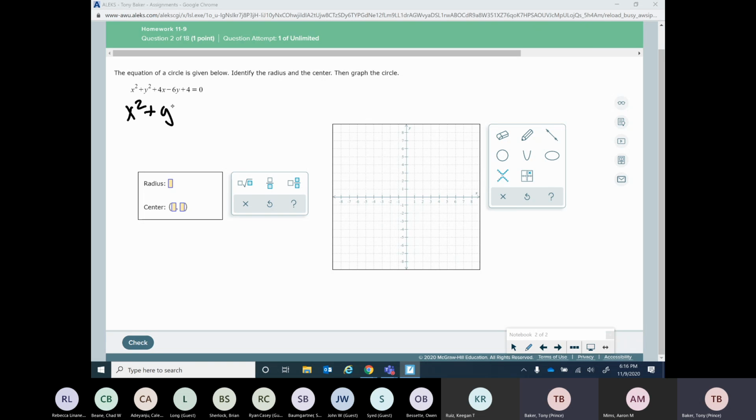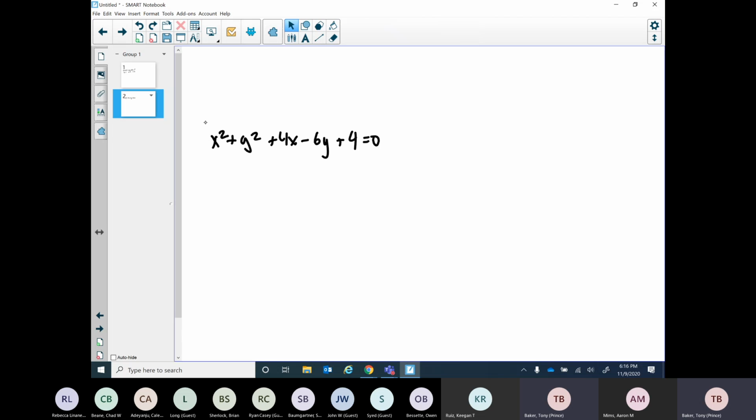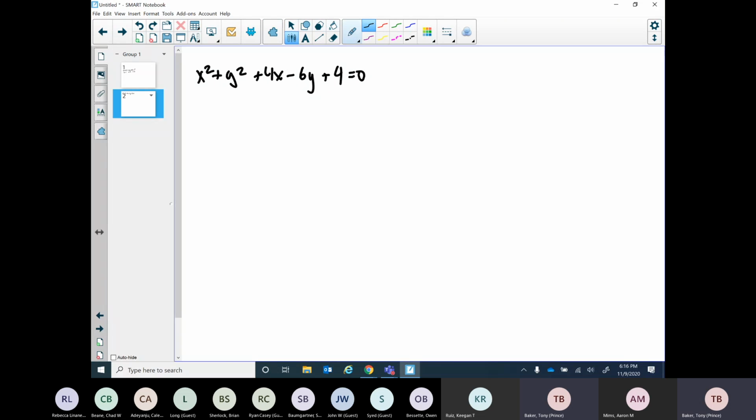So I've got x squared plus y squared plus 4x minus 6y plus 4 equals 0. So now we're going to take this problem right here. And we basically are going to have to make perfect squares, because what I want is x minus h squared plus y minus k squared equals r squared.